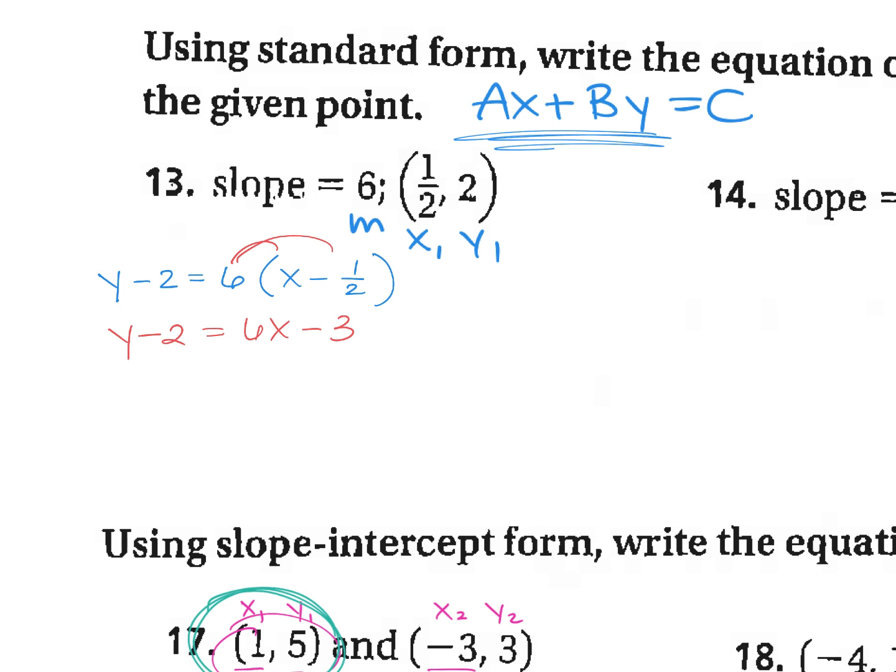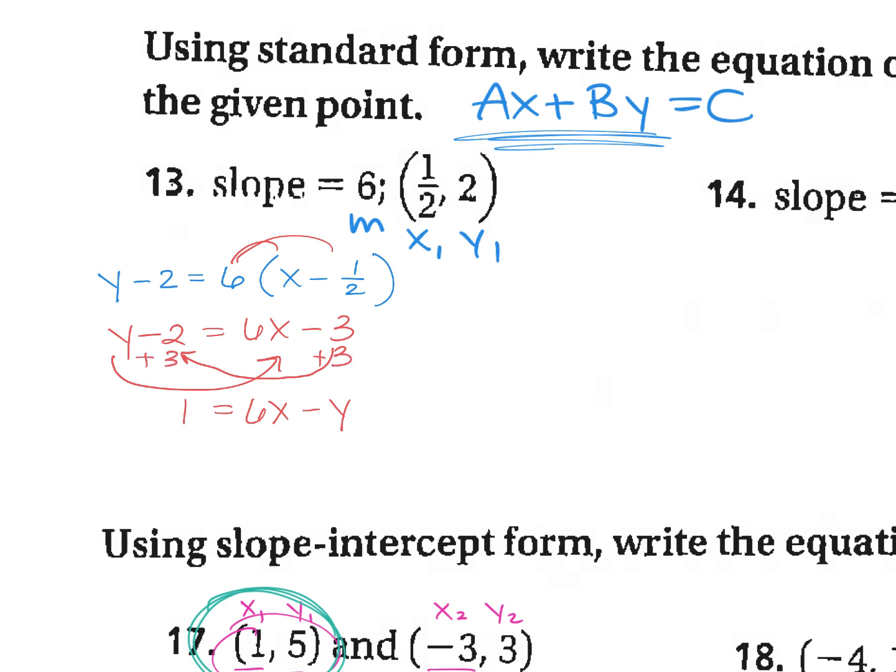It's not technically wrong, it's just not the preferred. So I'm going to move the y this way. So 6x minus y on the right equals, and then I need to move this negative 3 this way, so I'm going to add 3 on both sides, and we get 1.